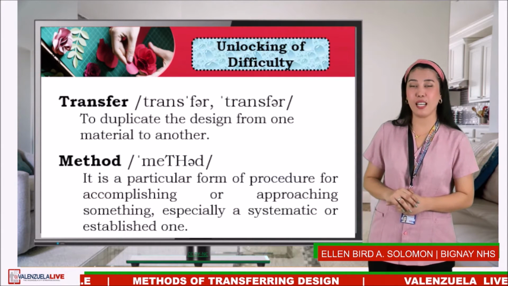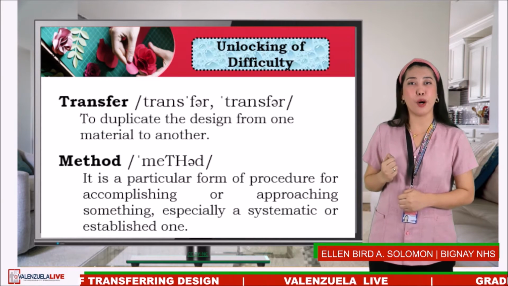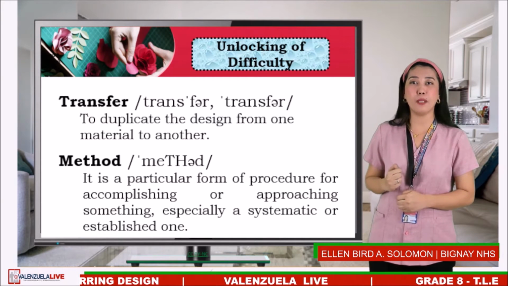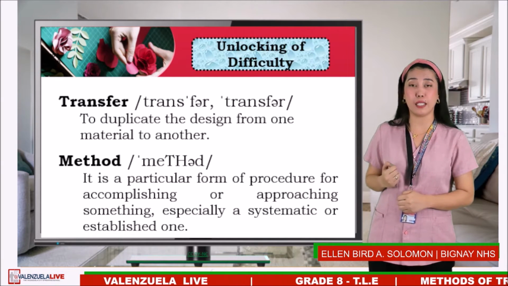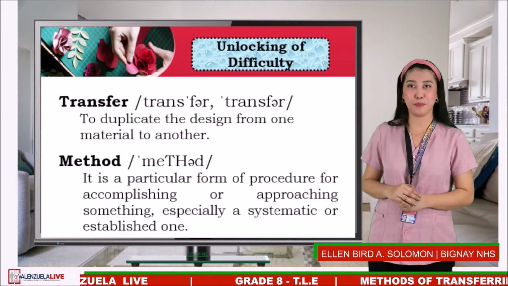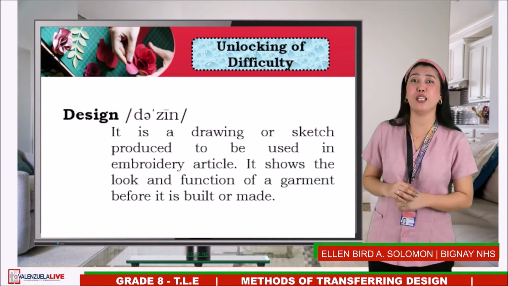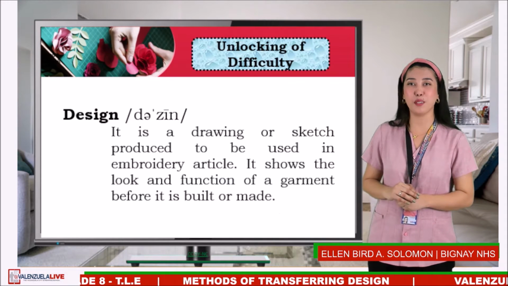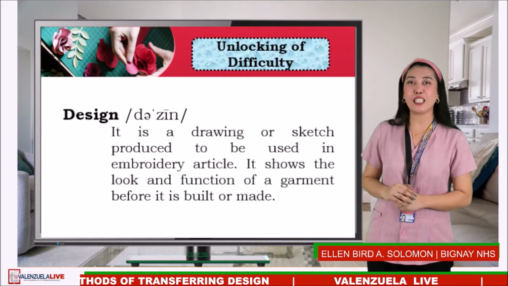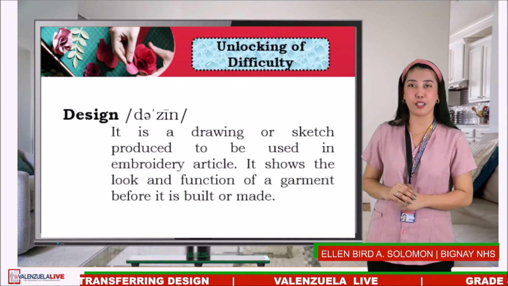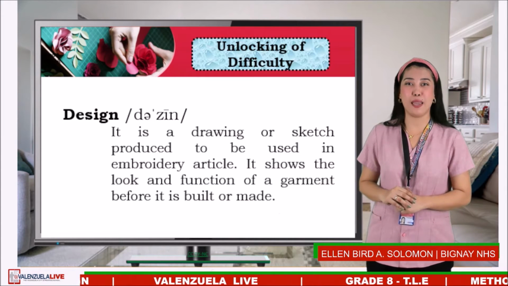In embroidery, when we say method, it is a particular form of procedure for accomplishing or approaching something, especially a systematic or established one. Design. In embroidery, it is a drawing or sketch produced to be used in embroidery article. It shows the look and function of garment before it is built or made.